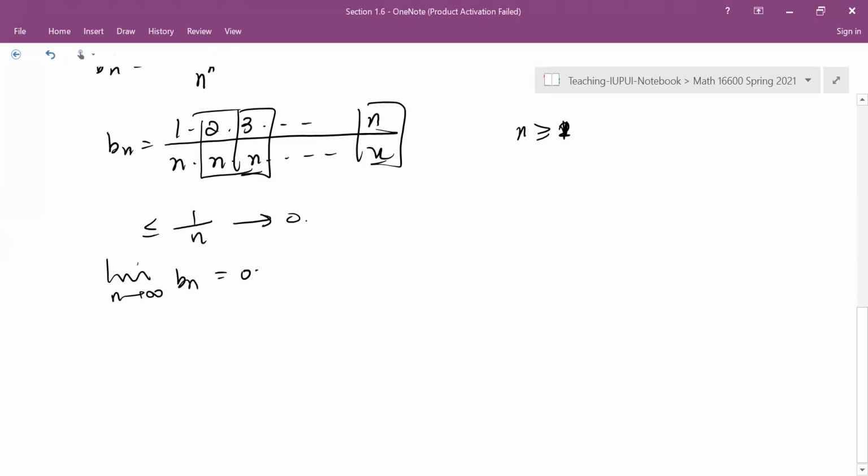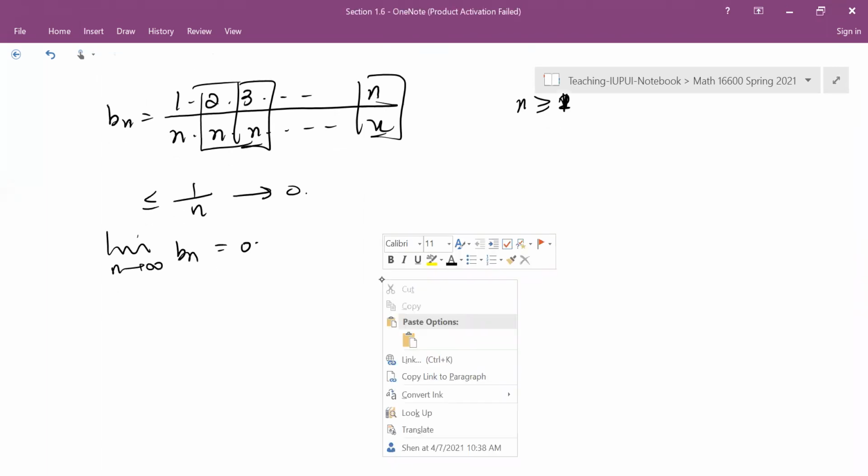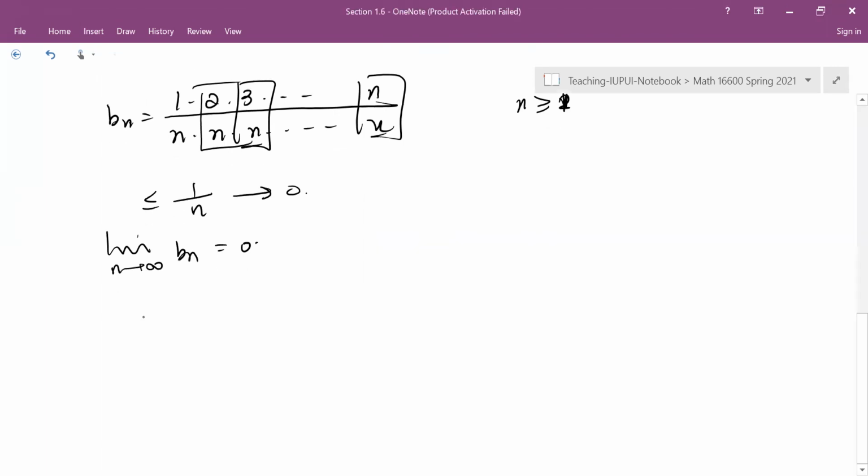Now the question is why Bn is decreasing. I have to check the following, right? Bn plus 1. I want to prove this is less than Bn, right? So this is Bn, right? Let's simplify it.